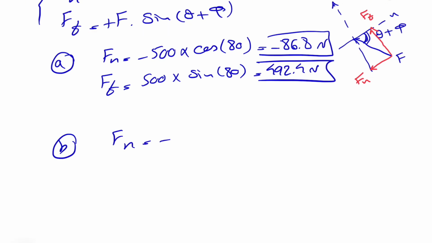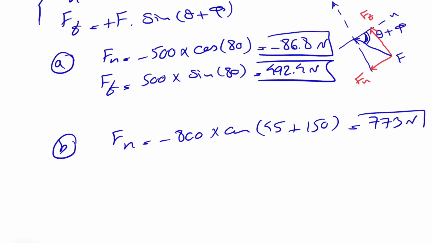So in the B part, we have the same thing. Our Fn will be minus, so our F is 800 times cosine of 45 plus 150 degrees. So this will be 773 newtons, and since our cosine is a negative value too, we'll get a positive number at the end.